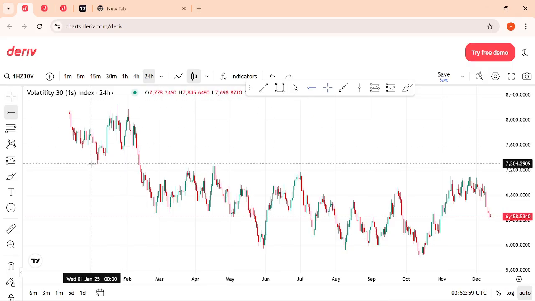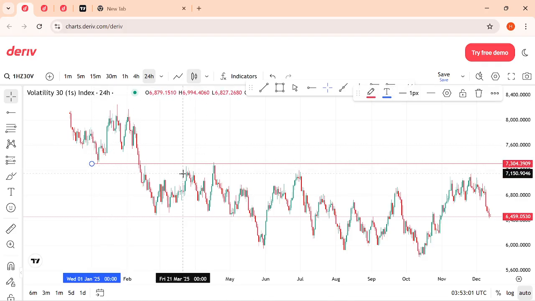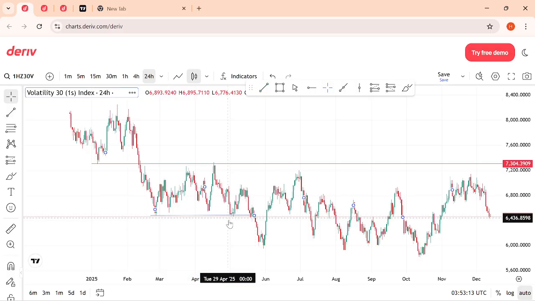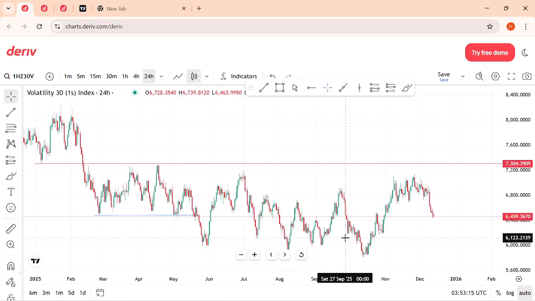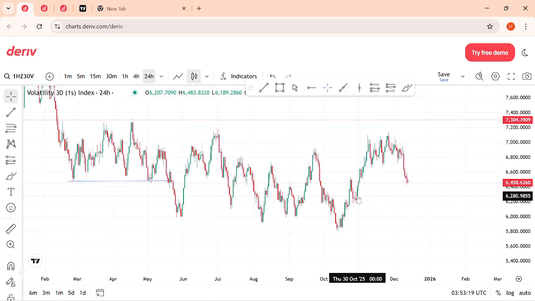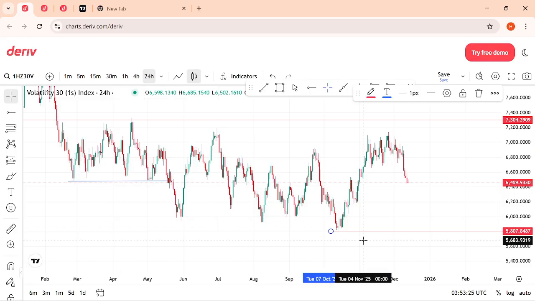We had this break of structure at this point here, and we had a retest at some point, and also we had another break of structure at this point. So at the moment, we tend to be operating around a range which is between this point in line with all of this area and within this point.